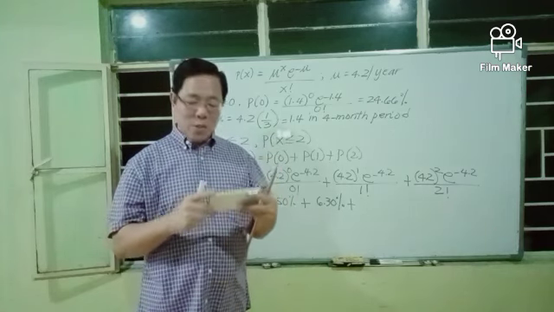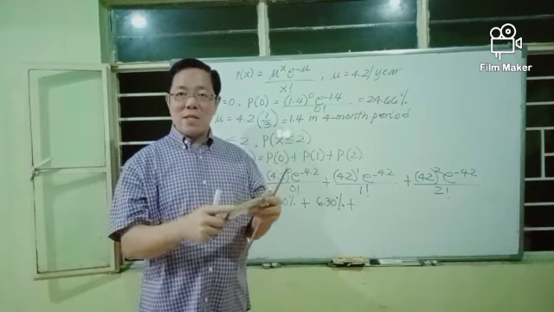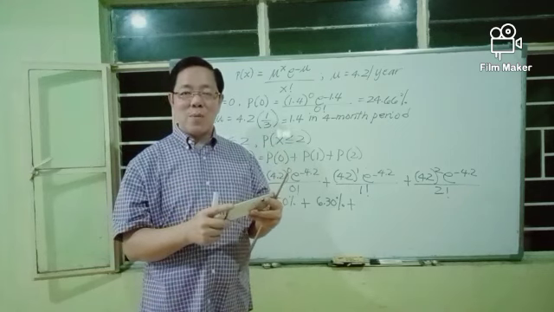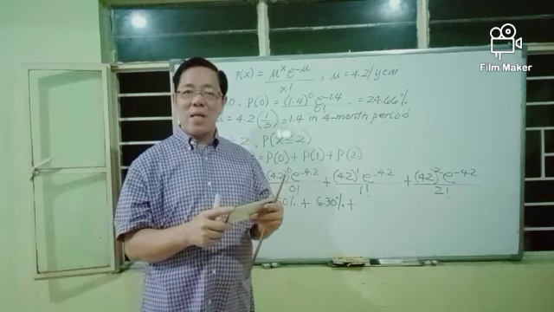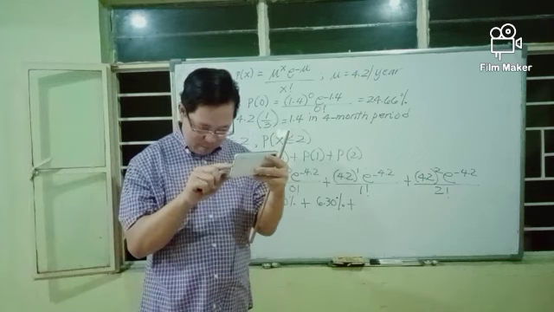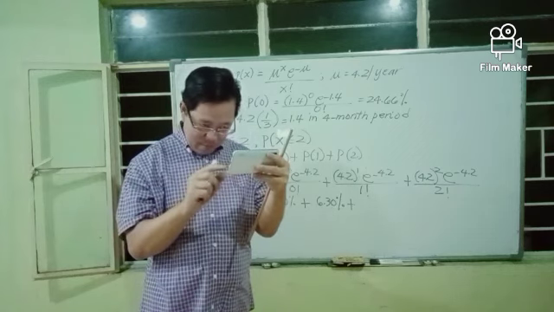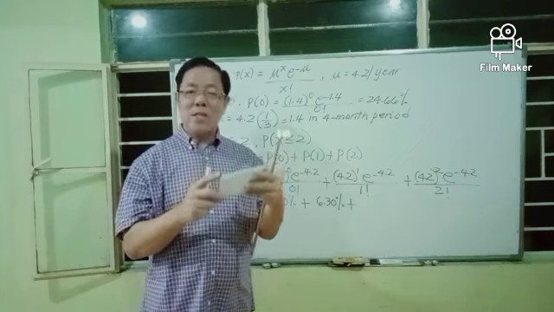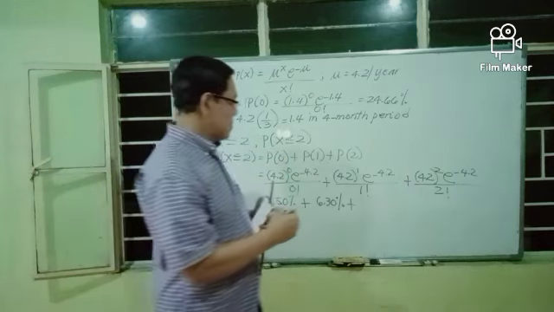And 2 factorial is 2. And the answer in your calculator is a decimal number. Multiply that again by 100 and you write the percent sign. And you should get 13.23%.